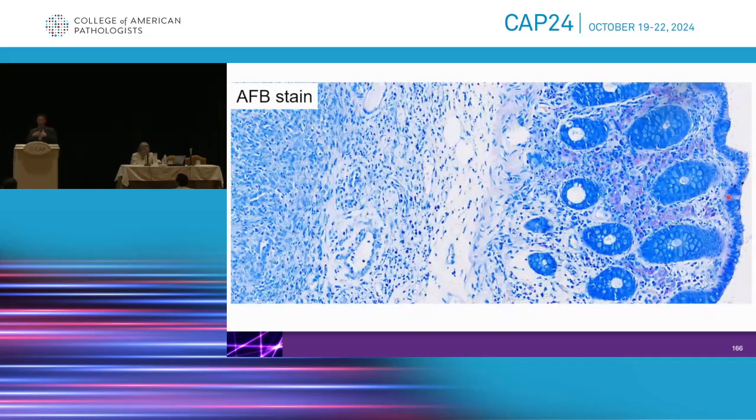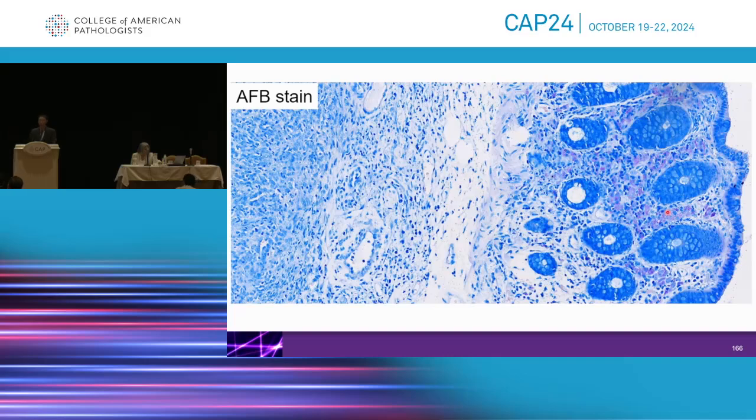And then we went back to review the AFB stain because we thought maybe this is a mycobacterial spindle cell pseudotumor. But tumor cells stained totally negative. But when I look at the lamina propria, everybody can recognize them. You can see these histiocytes contain this delicate filamentous material, this MAI infection.